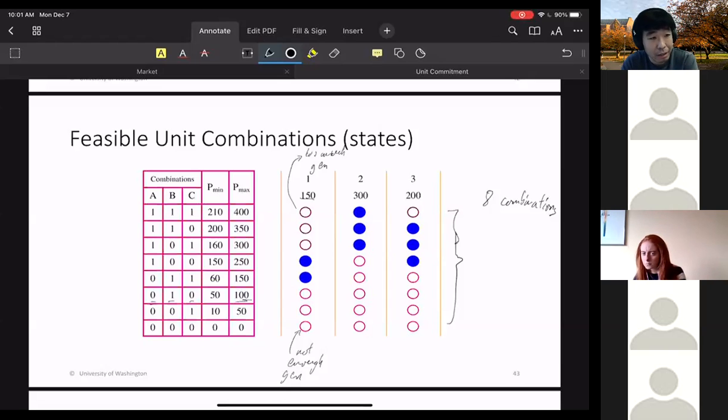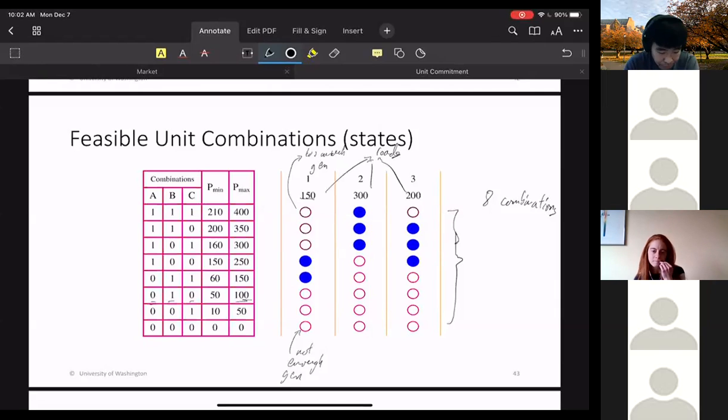Any question with this diagram? This example basically just goes through the diagram, so let's be clear about it. We have 3 time periods: time period 1, time period 2, time period 3. These are the loads. For each time period, only a certain number of combinations are feasible for these loads.